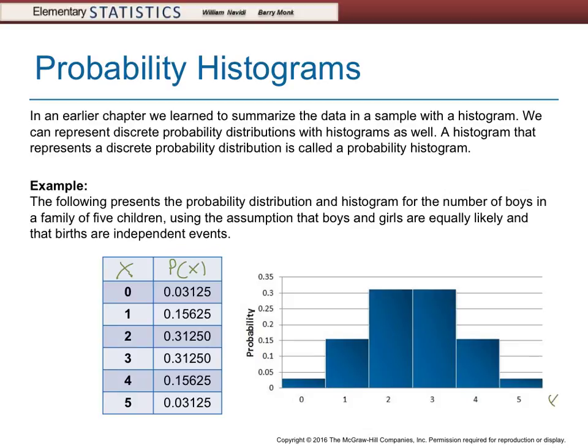And from that table, our probabilities are over on the y-axis, and our x variables are over on the x-axis, and you can see this is our probability distribution.